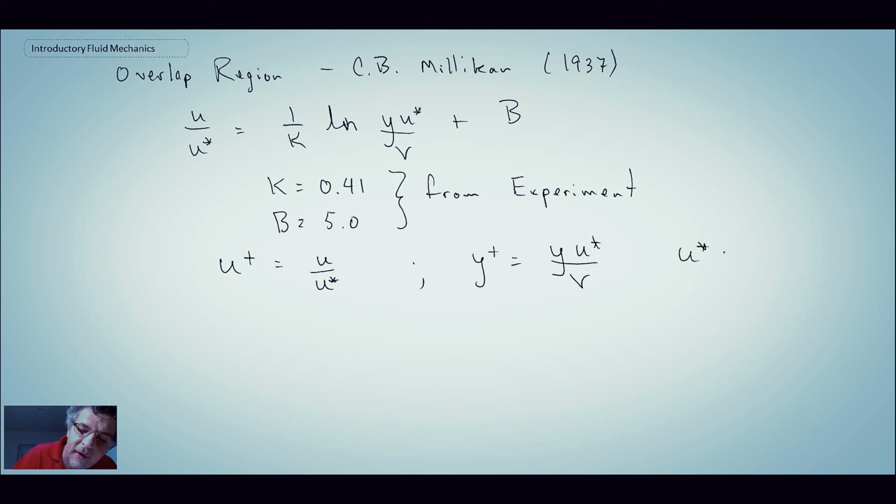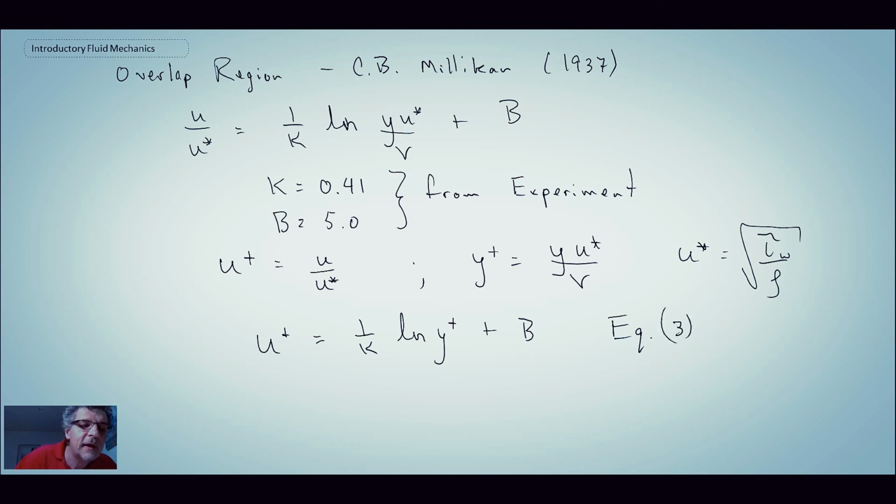Remember, the friction velocity was the square root of the shear stress at the wall divided by density. And consequently, what Millikan was able to come up with was this expression. And this we will call equation 3.